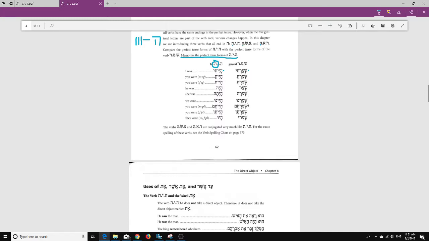Shamarnu, hayinu. Again, third hey is dropped out. Shamartem, hayitem. Again, third hey is dropped out. But notice the endings are still there for you.